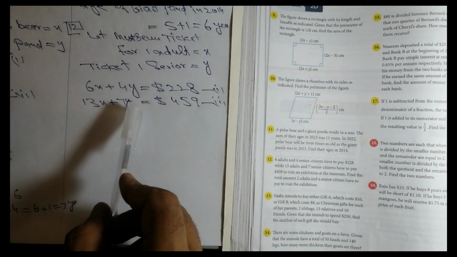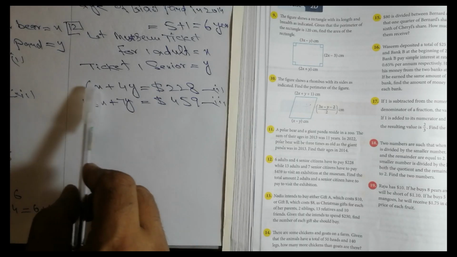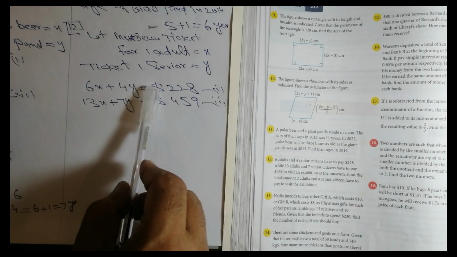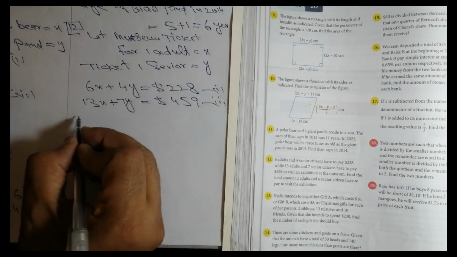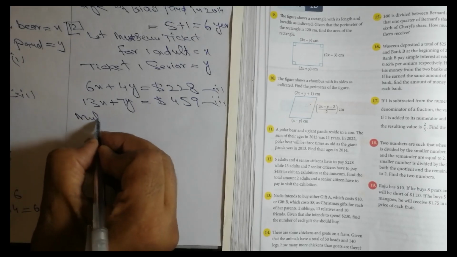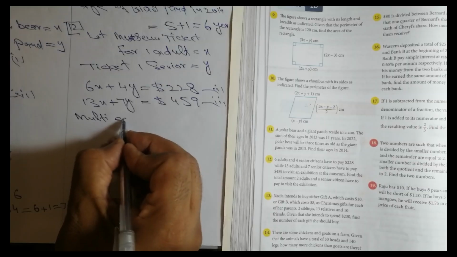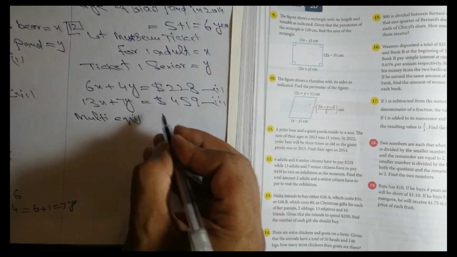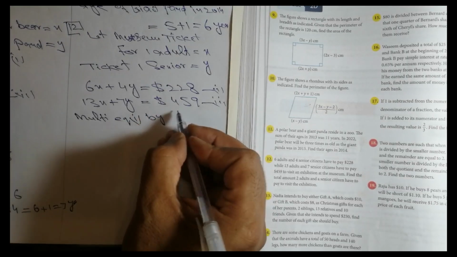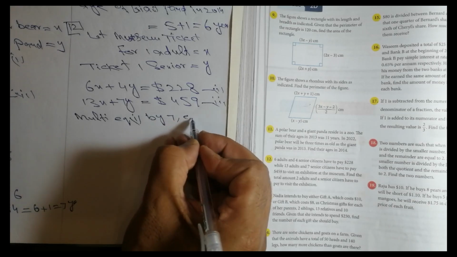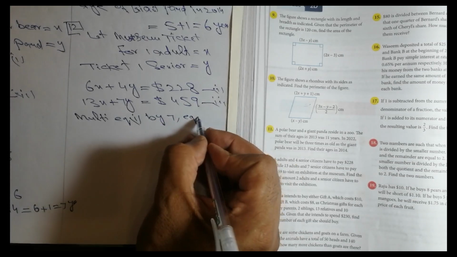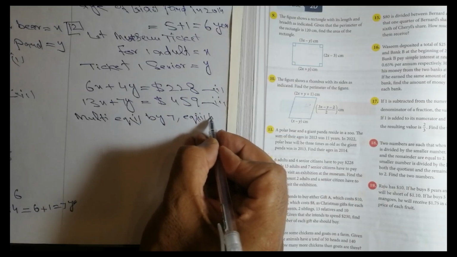To eliminate y, we need to multiply this equation by 7 and this by 4. So multiply equation 1 by 7 and equation 2 by 4.